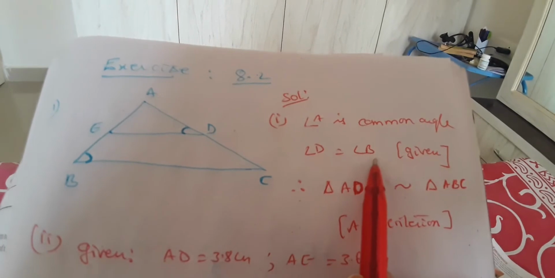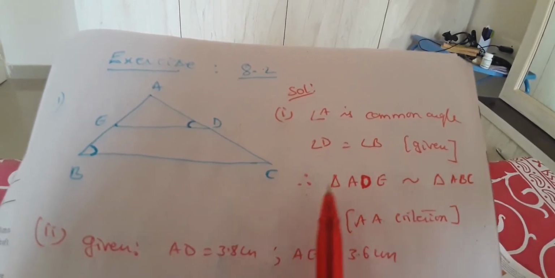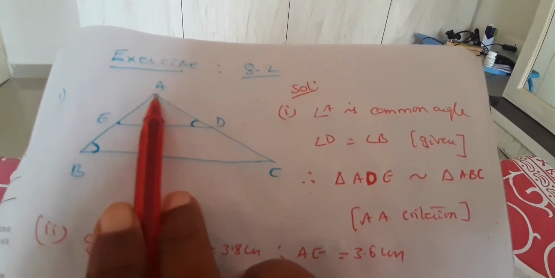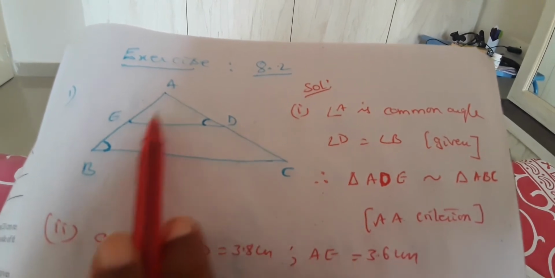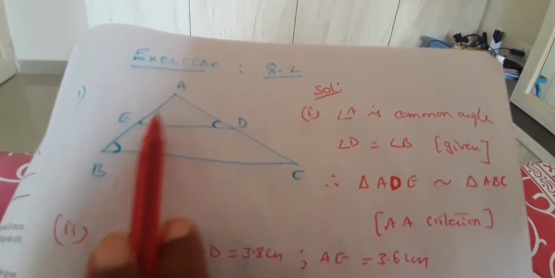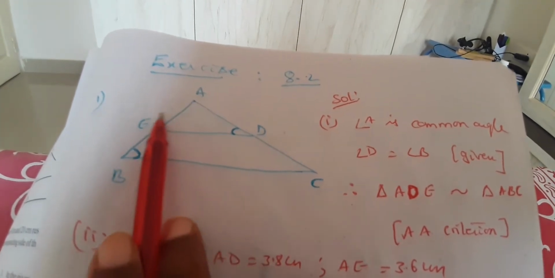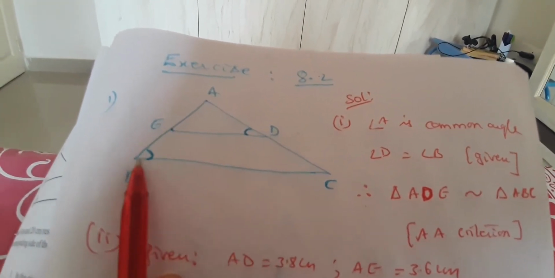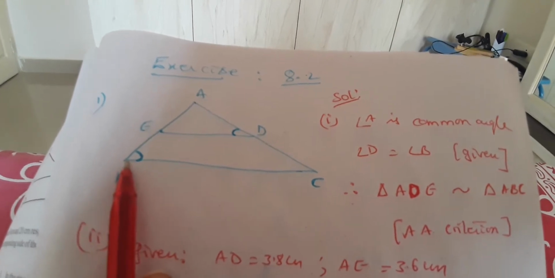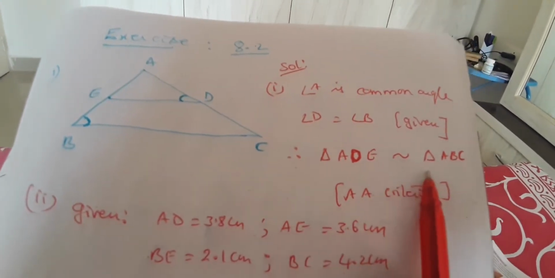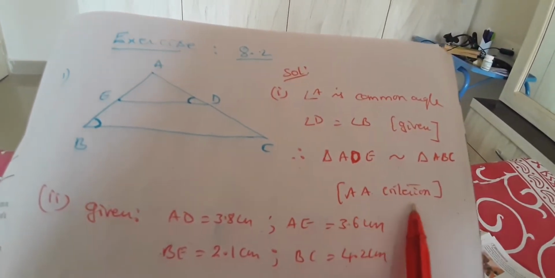Angle D is equal to angle B, that is given. So therefore triangle ADE, please observe the order, ADE and ABC. It is not AED, children. You are not going to take this with respect to this. Please keep that in mind. So ADE is similar to ABC. This is from AA criterion.